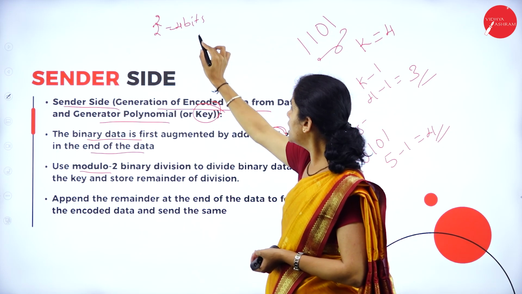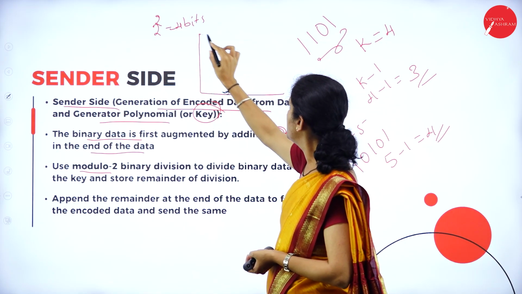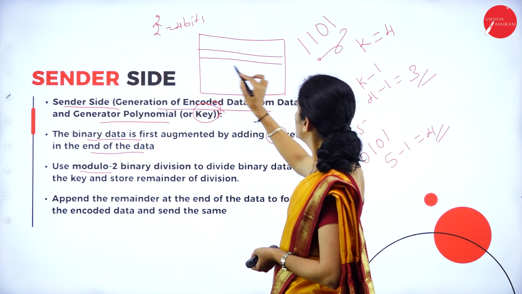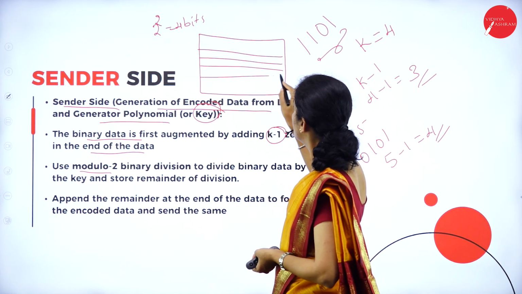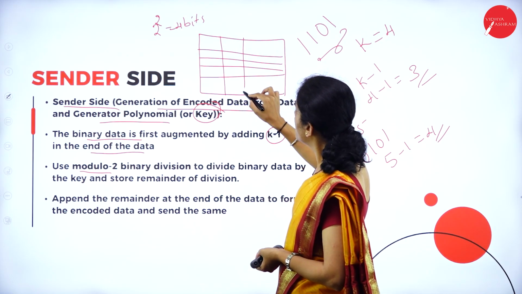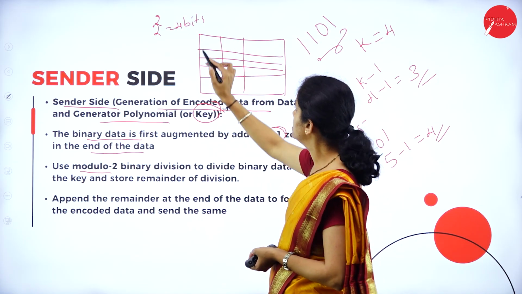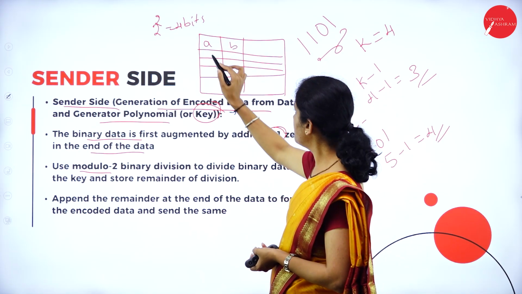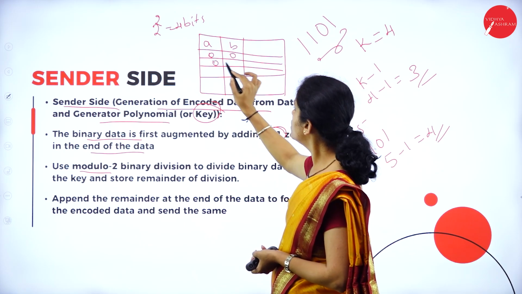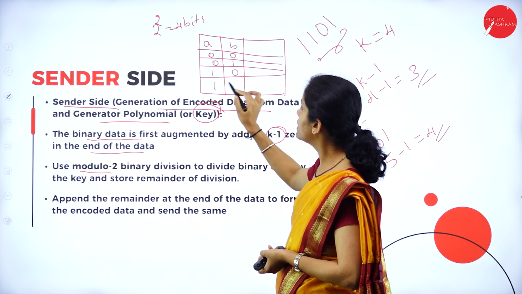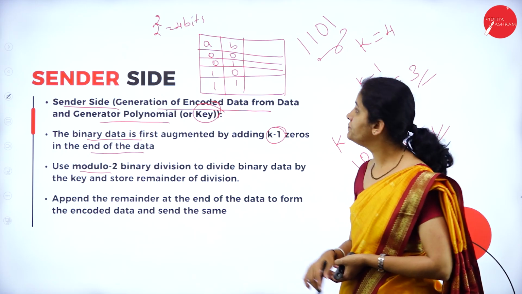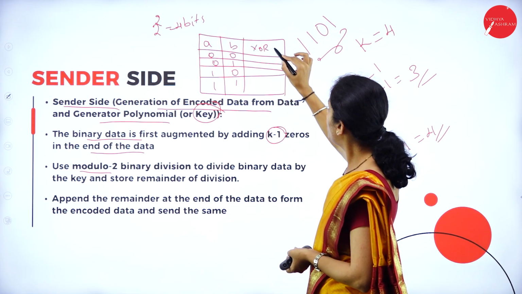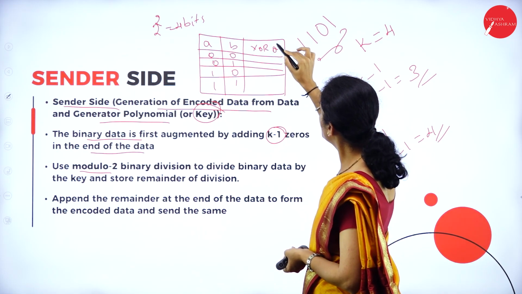Now let me construct the table here. I have two possible inputs, A and B. The combinations I can have are 0 0, 0 1, 1 0 and 1 1. Then A XOR B.